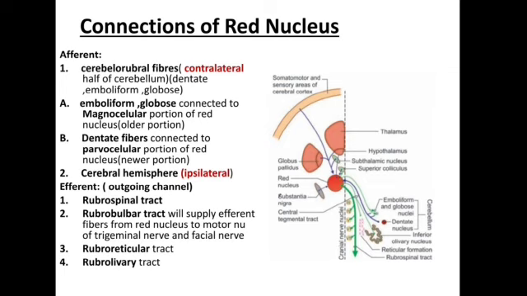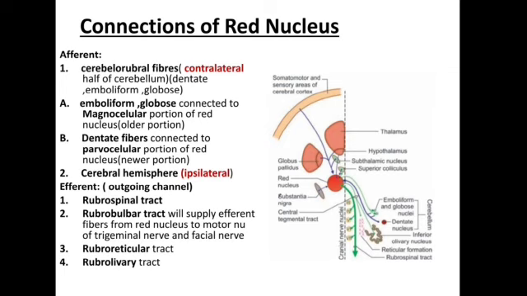Next afferent connection is from the cerebral hemisphere, same side cerebral hemisphere. Then efferent connections, outgoing channels. Number 1, rubrospinal. Number 2, rubrobulbar.